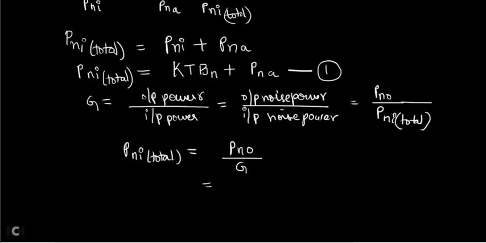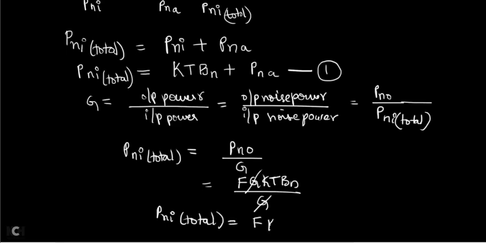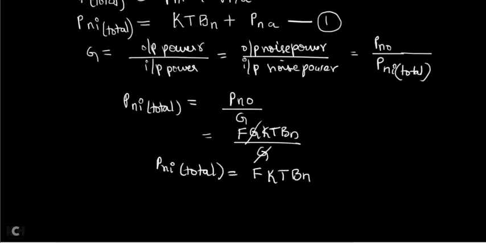Now you substitute PNO here. So FGKTBN divided by capital G. G and G will get cancelled. Now PNI total is equal to FKTBN.